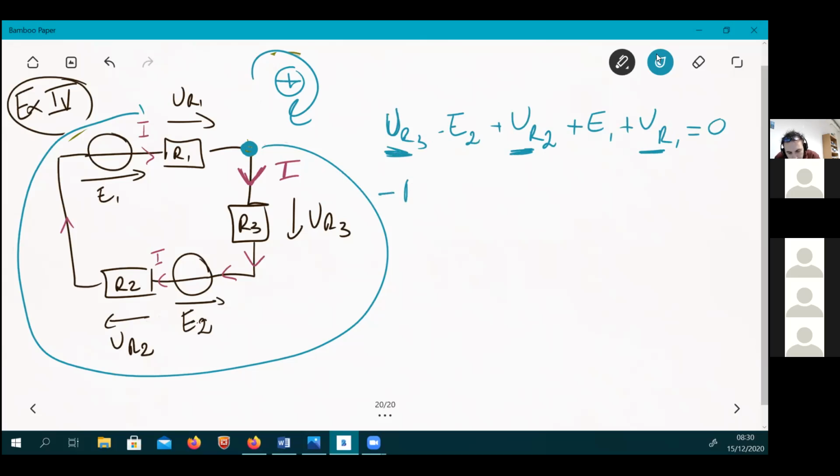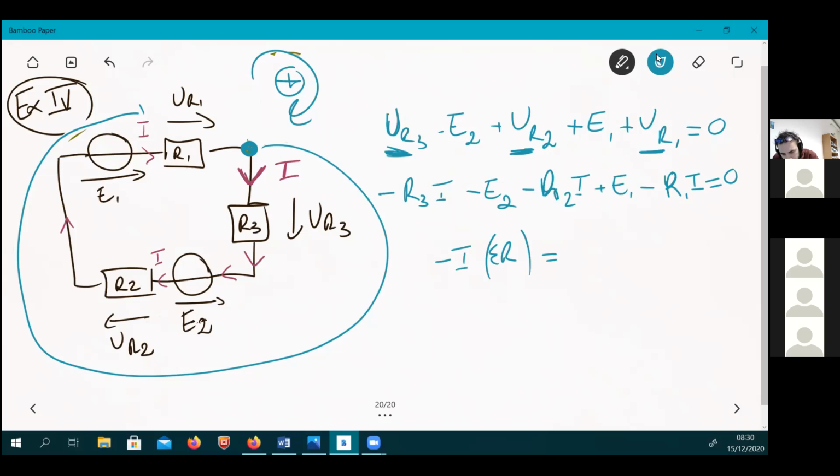So minus R3I minus E2 minus R2I plus E1 minus R1I equals 0. And again, you find the same result, I1 as a function of the sum of the R equals minus E plus E2, and you get the final result.